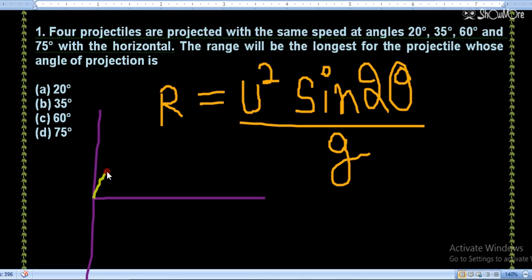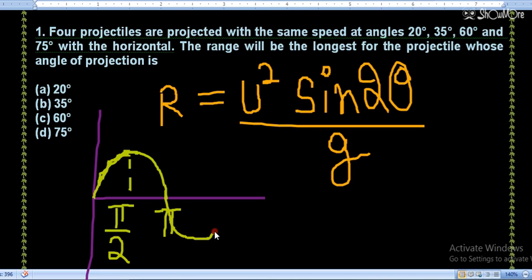From sine 0 it will go to the maximum value at sine 90, and then it will again decrease. At sine 180 it is again 0, and after 180 degree the value of sine will be negative.